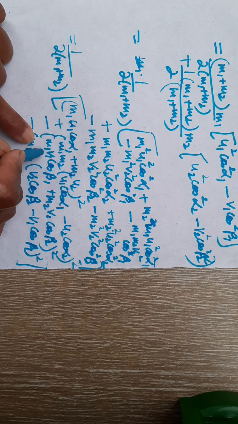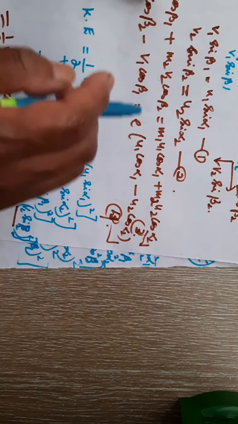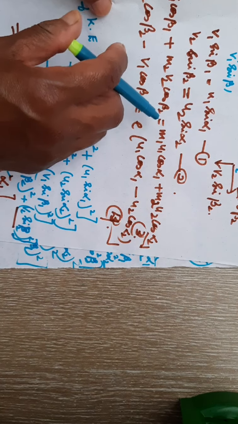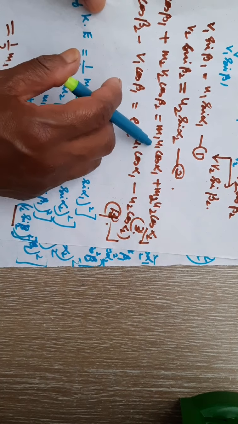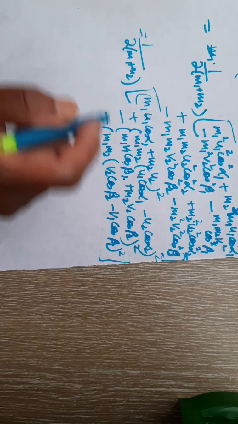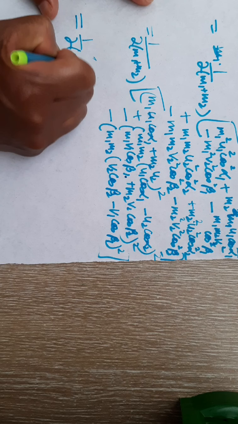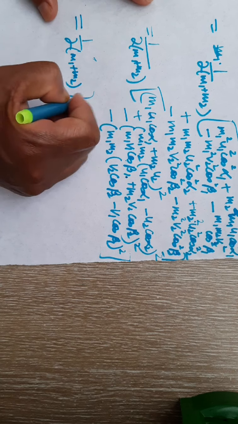Now, what is m1 v1 cos beta 1 plus m2 v2 cos beta 2? So that one, by principle of conservation of momentum from equation 3, it is m1 u1 cos alpha 1 plus m2 u2 cos alpha 2. So this is equal to half of m1 plus m2.